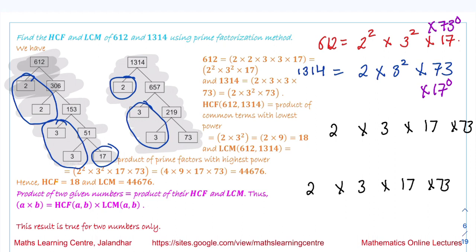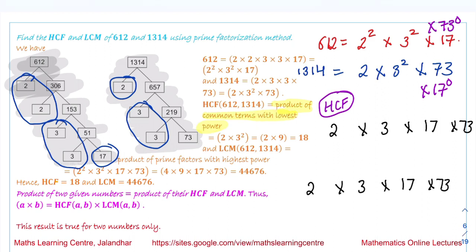Now when we have to write the HCF, we are going to write the product of common terms with lowest power.